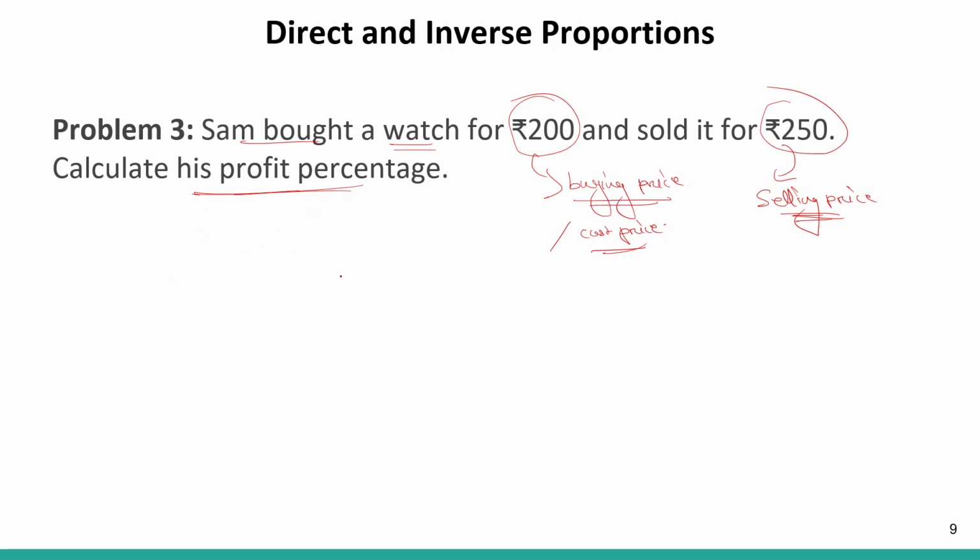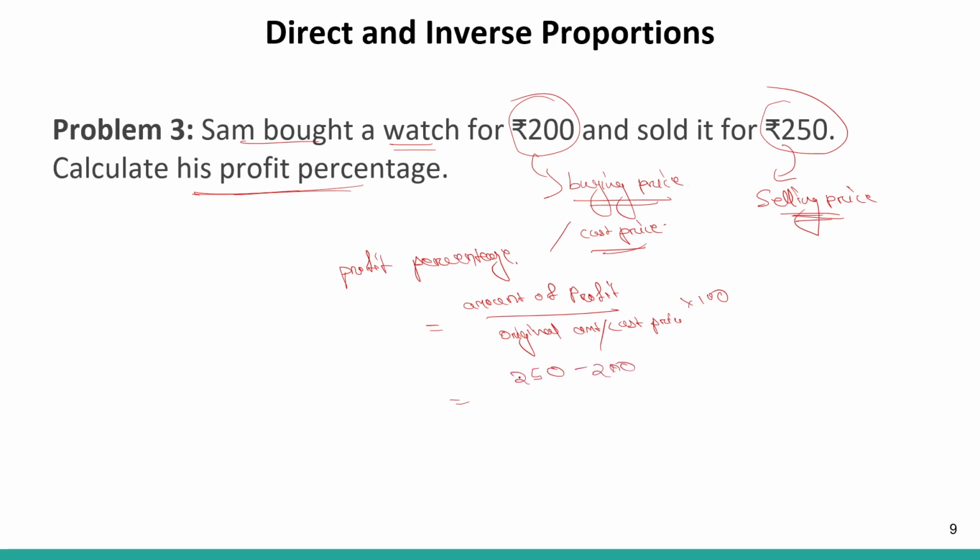As I remember, the profit percentage formula is: profit percentage is equal to the amount of profit, whole by the original amount or cost price, into 100. So the amount of profit will be 250 minus 200, that is selling price minus cost price.